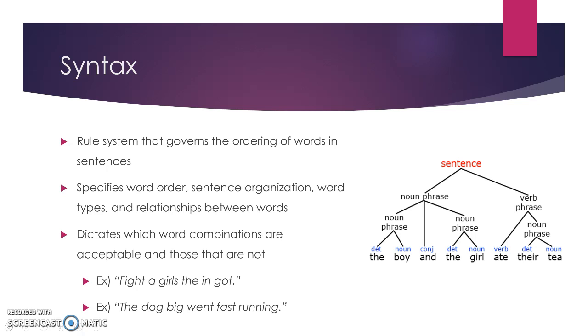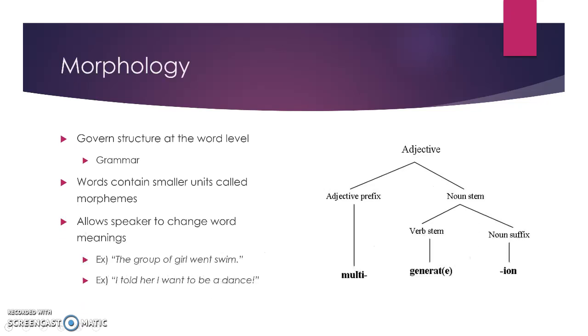So, for example, if a child has a problem in syntax, they might say things like, fight a girl's the and got, or the dog big went fast running. So what they should have said is, the girls got in a fight, or the big dog went running fast. So these are just when people mix up the different word orders.